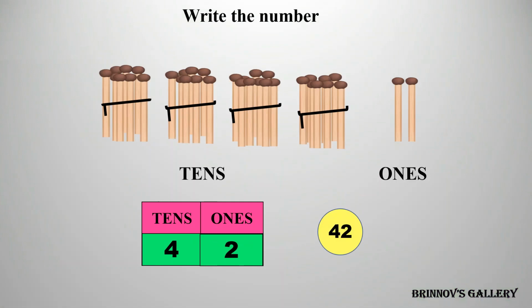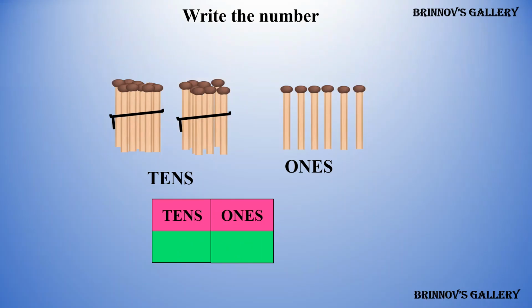Number is 42. 1, 2, 2 tens, 1, 2, 3, 4, 5, 6, 6 ones. Number is 26.